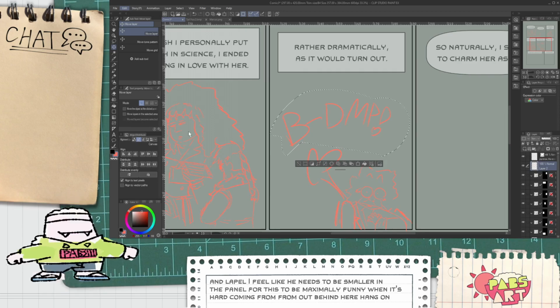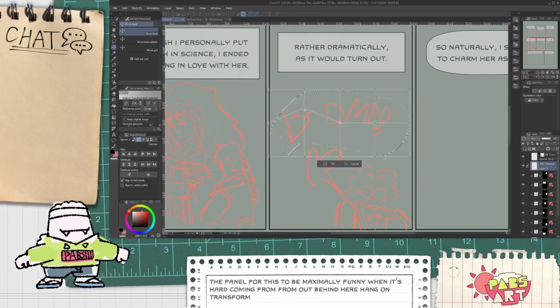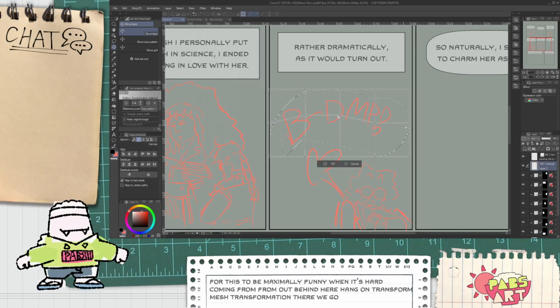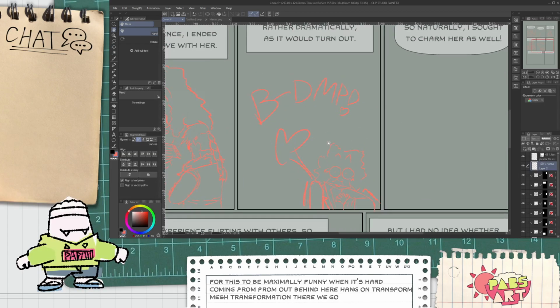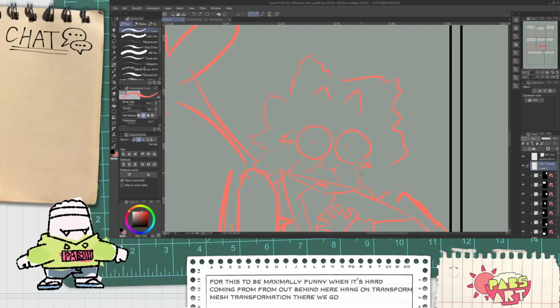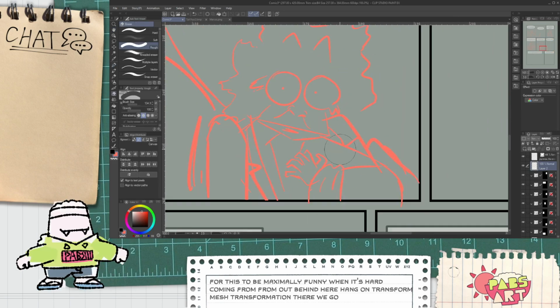Hang on, transform, mesh transformation. There we go. There we go.